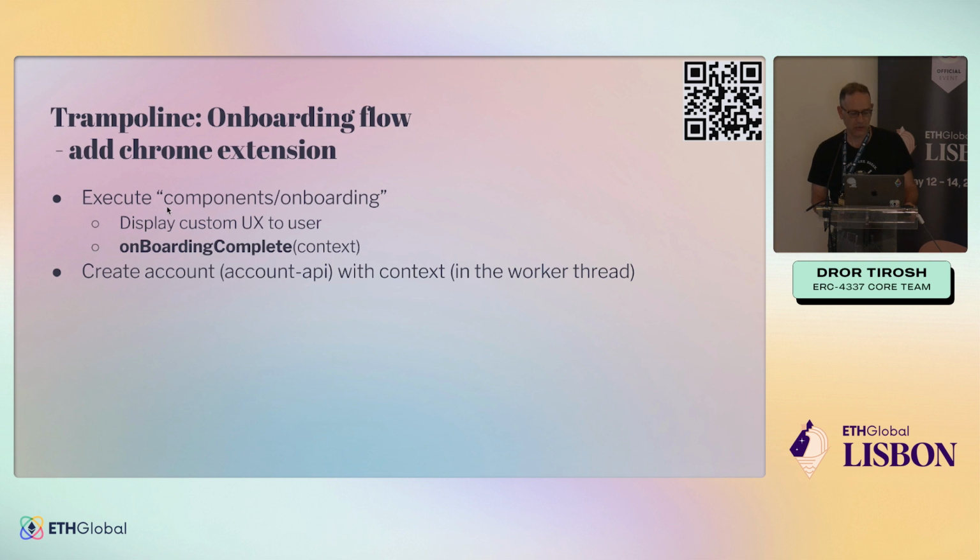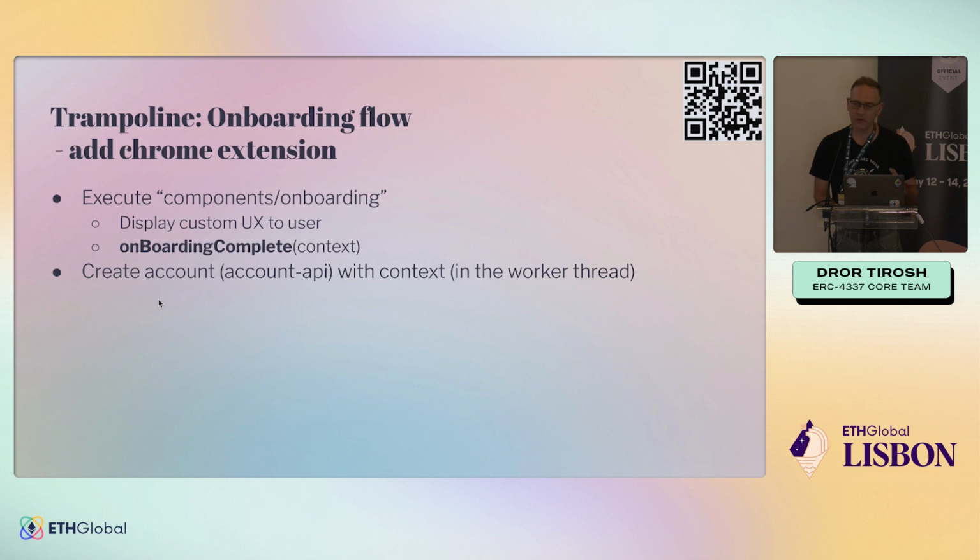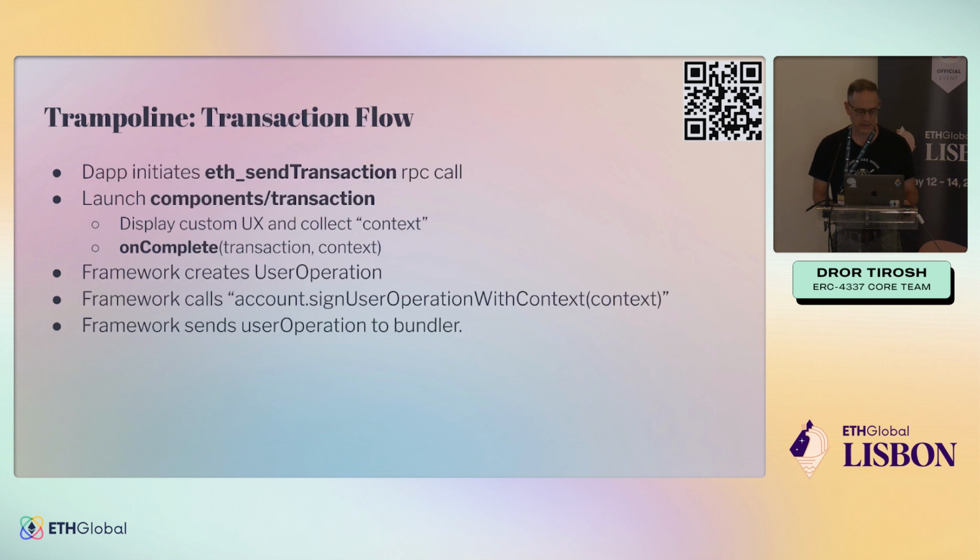The onboarding component is a React component with a single method, the React callback onboarding complete. It returns some context. I didn't show it before. When you create this simple account, it gets this onboarding context. So onboarding can ask the user for some information and use it to create the account.